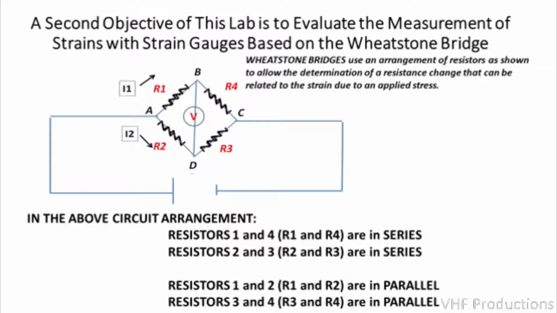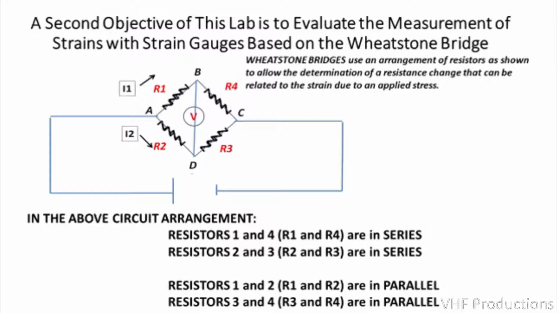Since there are differences in the current flowing across those two paths, a voltage is generated between points B and D. In this case, that difference in the ability of current to flow along the two paths allows an output voltage to exist between points B and D, and the magnitude of that output voltage depends on the variation in the resistance of R1, which is the strain gauge.